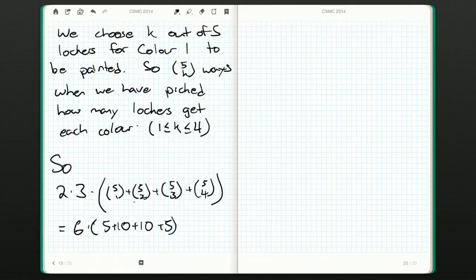If you need to, you can go back to the definition of choose notation if you want to, as 5 factorial over k factorial times 5 minus k factorial. Or you can just remember the rows of Pascal's triangle, because we're only on the 5th row here. So that's 6 times 30, so that's going to be 180.